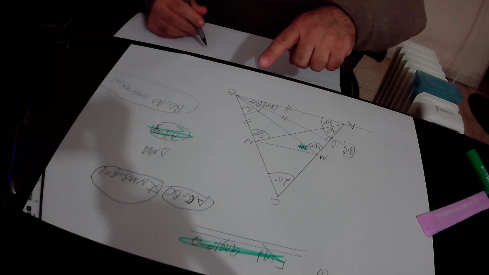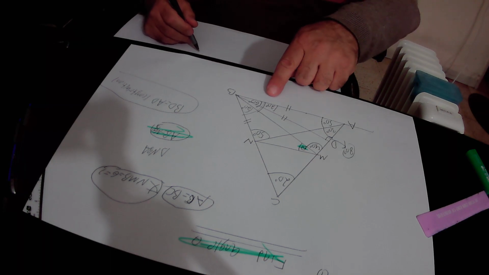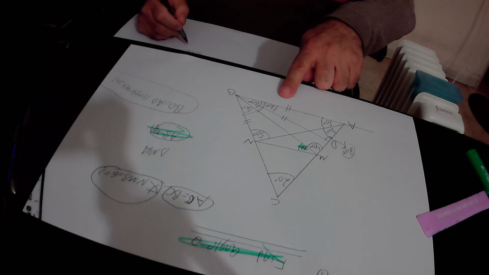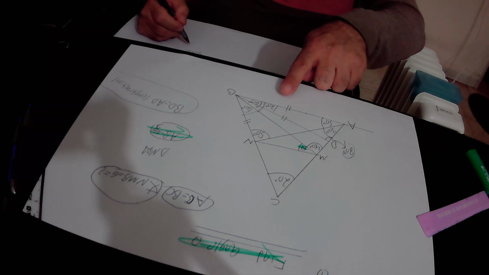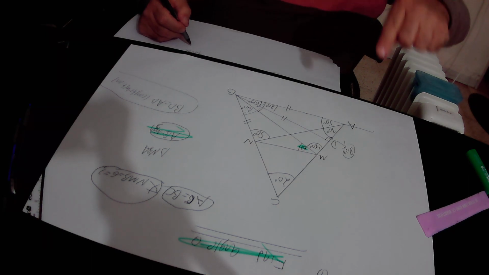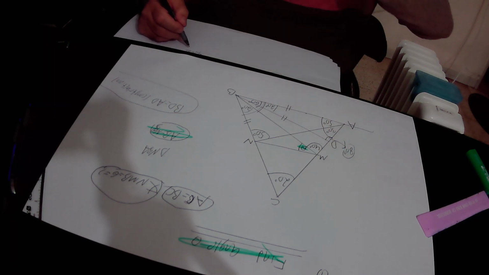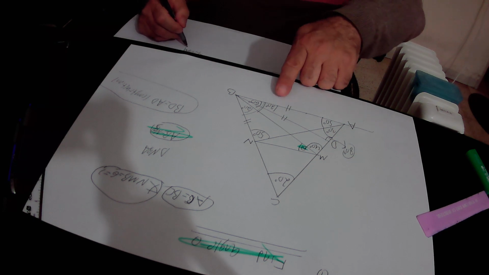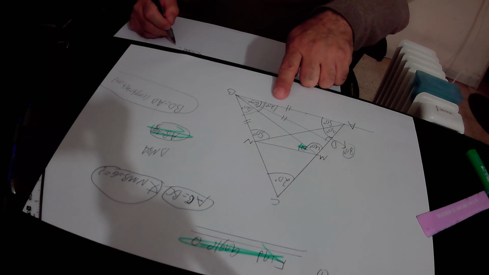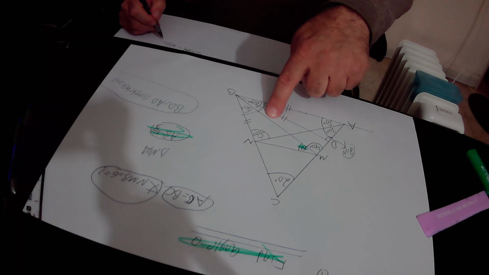The big angle is angle ABM, here this is the big angle ABM, minus the small angle that is actually angle ABD, must be equal to the missing angle that is actually angle DBM. This is the missing angle DBM.